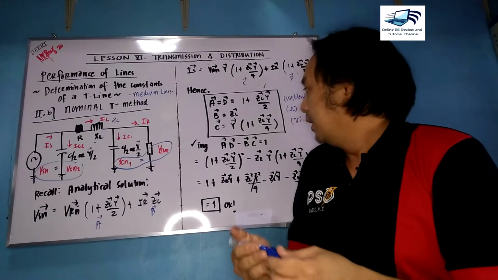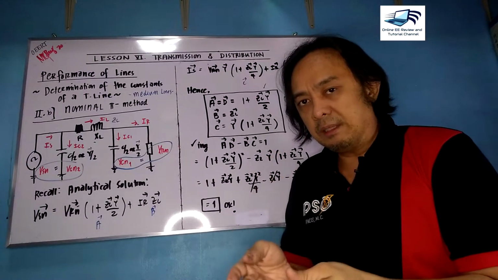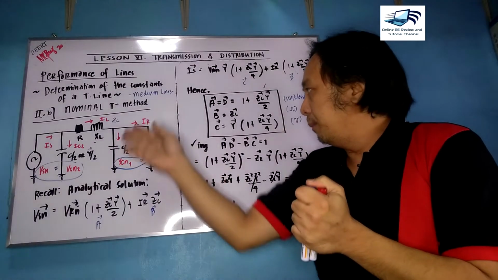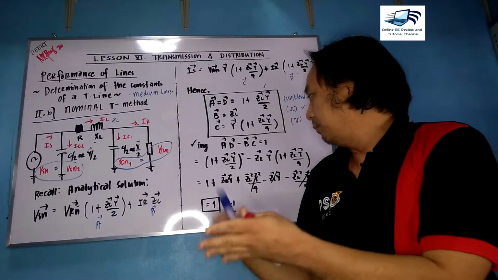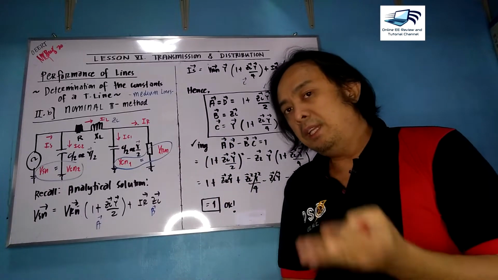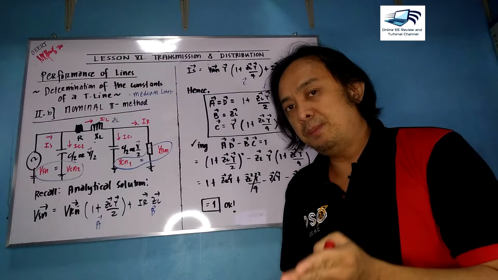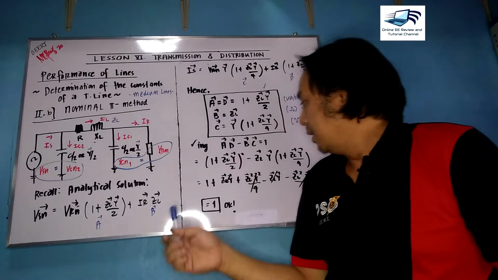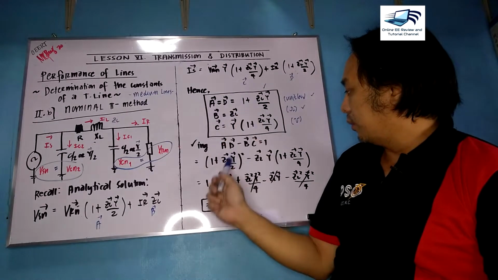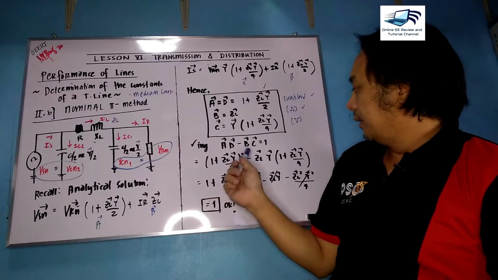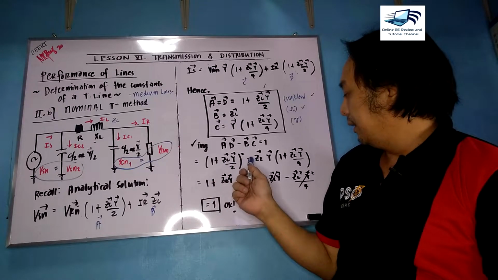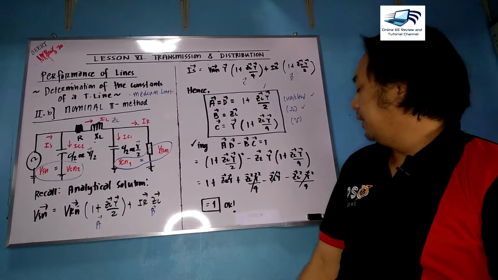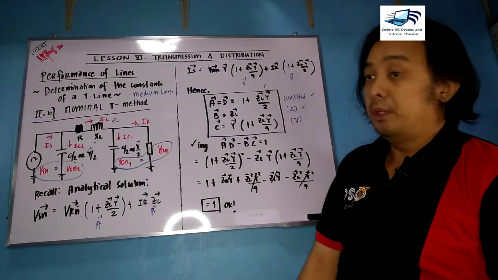Now, if you want to check if this ABCD constant of a nominal pi is correct, you can go back to this relationship that A and D vector must be, when you subtract it with B and C, the answer will be 1. So we will do the same pattern. You need to square the (1 plus ZLY all over 2), okay, by expansion, no? And then minus ZLY, and then multiply by (1 plus ZLY all over 4).